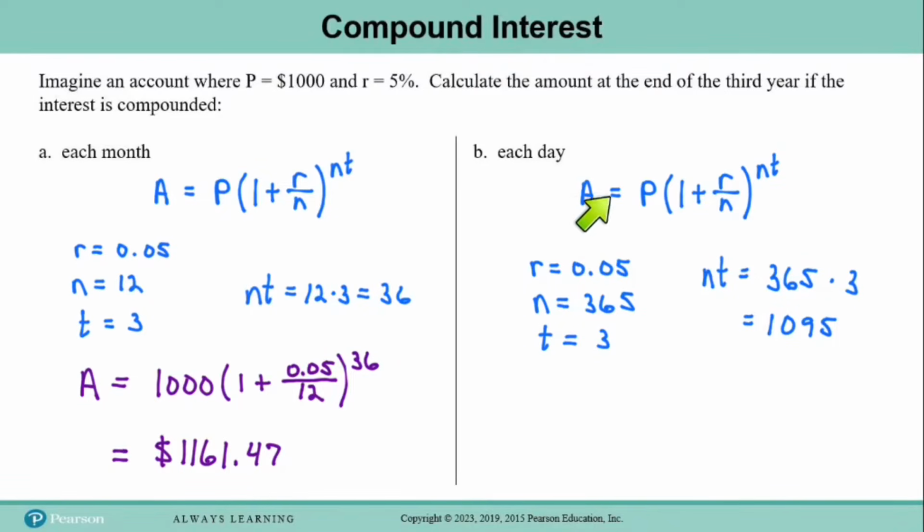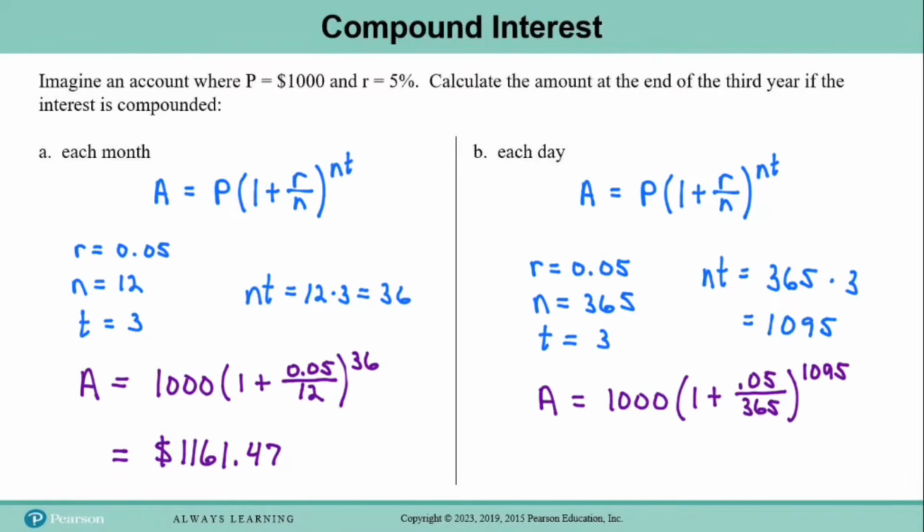So now plugging our known values into our formula, A equals P, which we know is 1,000, times parentheses 1 plus r over n, so that's 0.05 divided by 365, close parentheses, then raised to the power n times t, which we already figured out is 1,095.